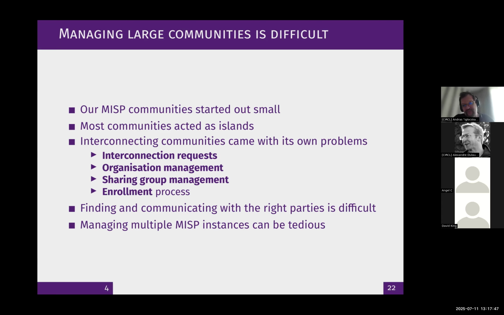If you're coming from this world, you already see some hurdles with organizations being differently described or differently annotated by UID across different MISP communities. That in itself already causes issues with access control and with matching up organizations across the different communities.